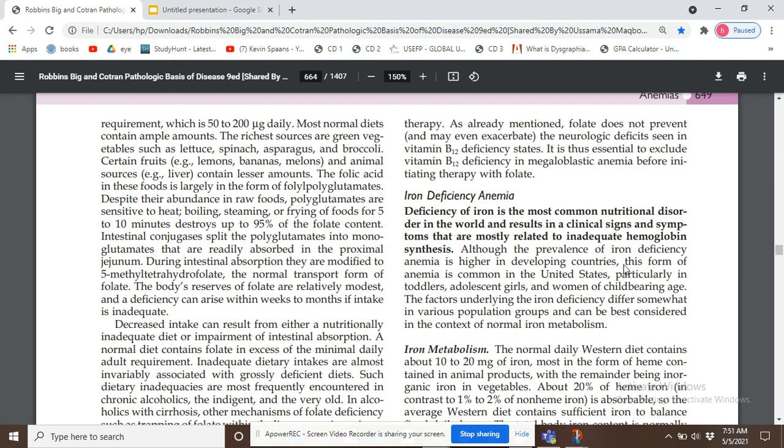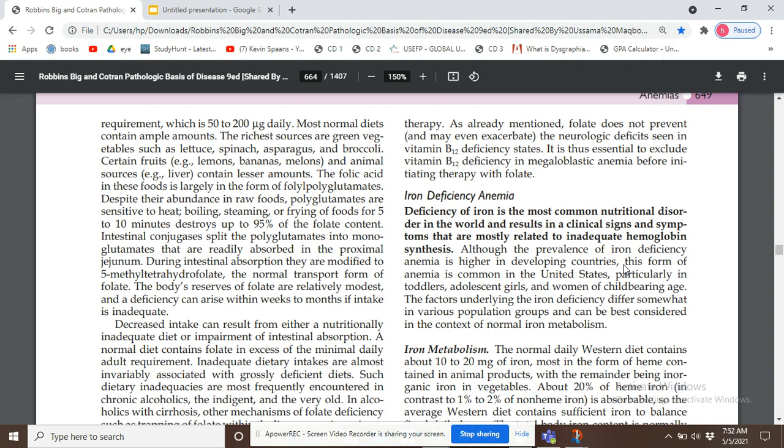So iron is an important component in the synthesis of hemoglobin. When there is a deficiency of iron, there will be inadequate hemoglobin synthesis. This leads to inadequate oxygen carrying capacity of the blood and inadequate transport of oxygen towards the tissues, and that leads to anemia.